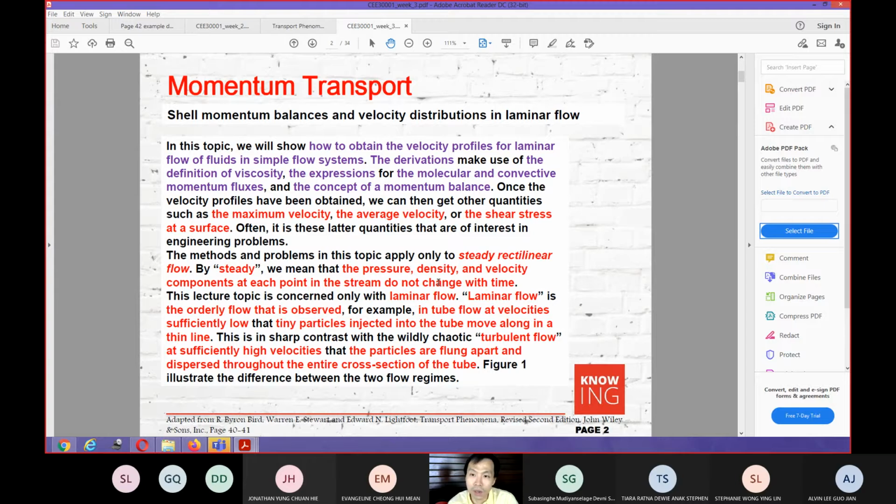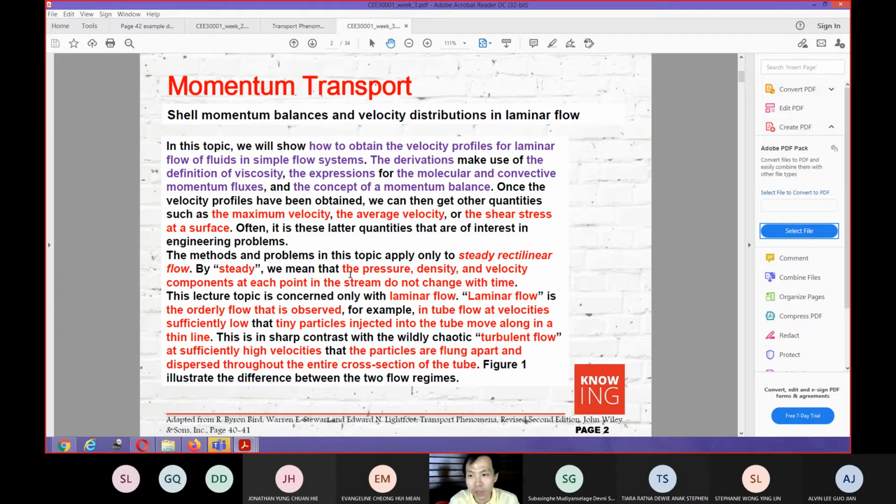For example, the Cartesian coordinates, the cylindrical coordinates, and the spherical coordinates.